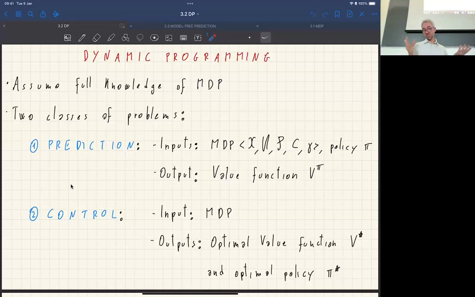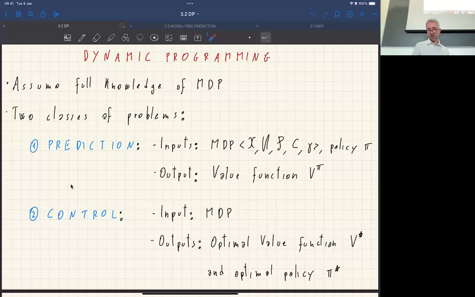The main difference is going to be that in dynamic programming, we're going to assume full knowledge of the Markov decision process. So we know the dynamics of the system. And then to extend it to the reinforcement learning setting, we just have to relax this assumption. So assume we don't know the MDP.